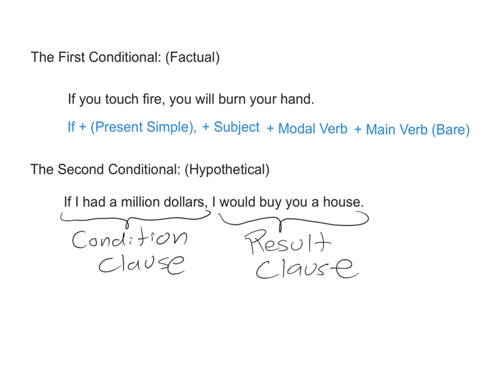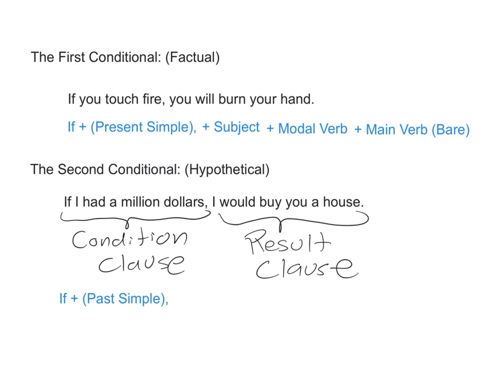Now let's look at the grammar of these two clauses. First, as before, we have an if, then the condition clause. But now the condition clause is not written in the present simple tense, it's written in the past simple tense. Next, we have a comma and the result clause.